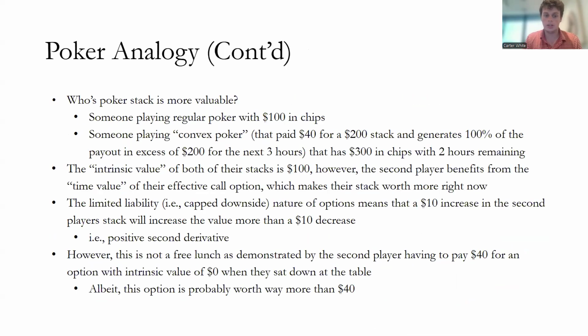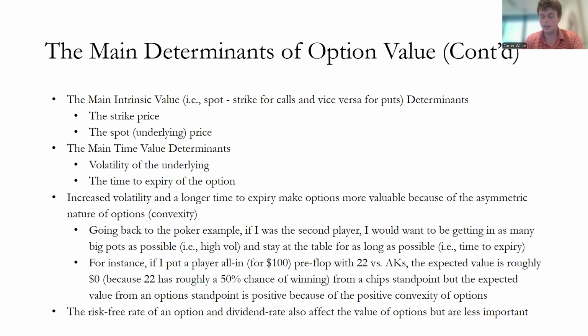You can calculate that primarily thinking about the volatility of the underlying asset and the time to expiry of the option. That's going to determine the time value. If you could play at that poker table for 2 days and you could play super volatilely, that's going to be a pretty valuable option.